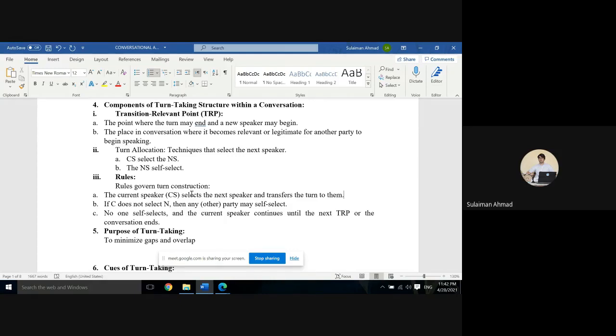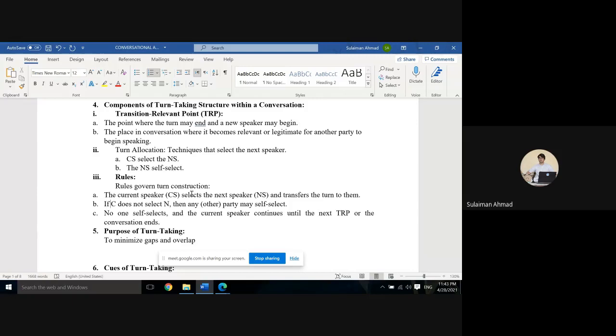I selected you people, right? One speaker may select the next speaker. If, for example, Ilyas is having a conversation with Ibadullah, and Ilyas asks a question or provides some signal, and selects Ibad or gives the turn to Ibad, it means that the current speaker selects the next speaker, right?